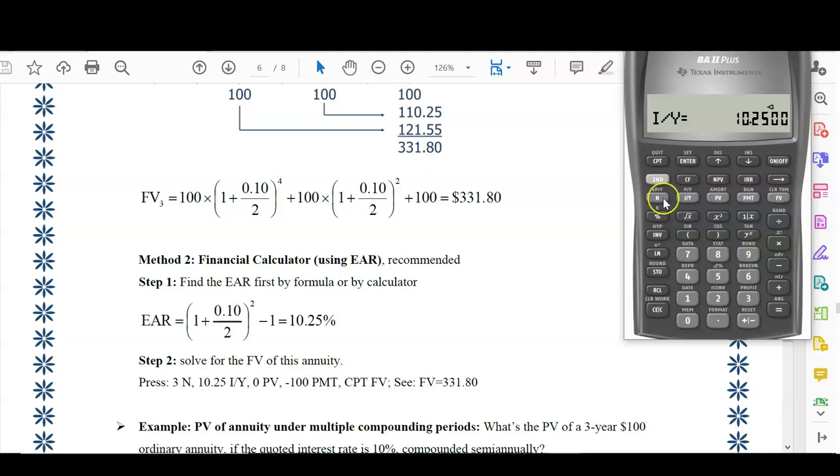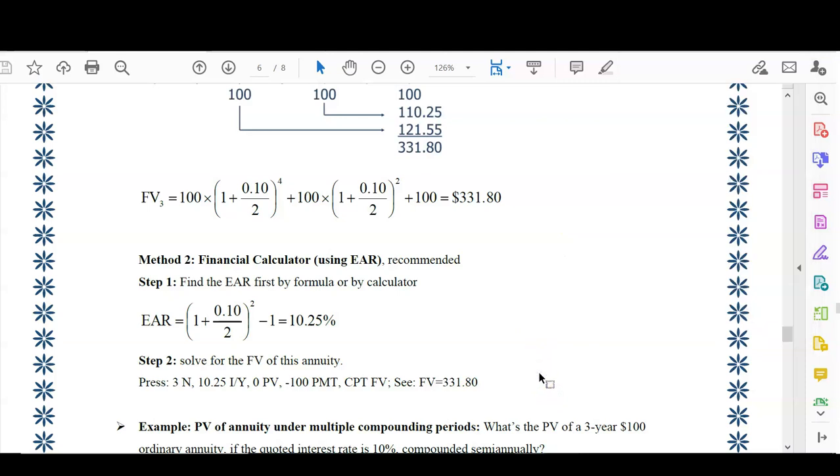So our N becomes the number of years again, because interest rates are compounded annually now using this effective annual rate. So we have 3 as N, I as 10.25, present value is 0, payment 100, compute for future value. We have 331.8 as our future value.